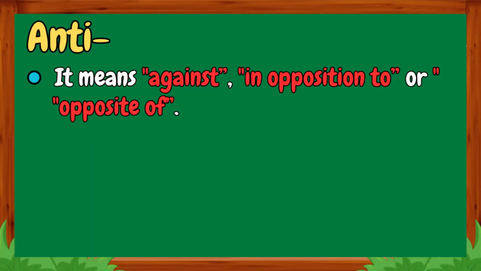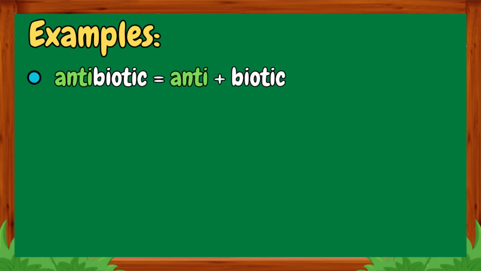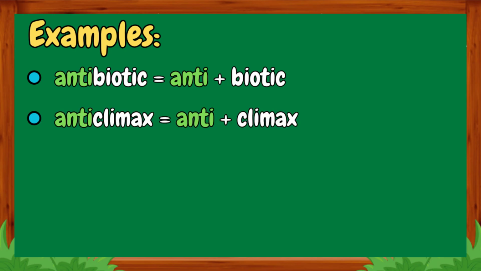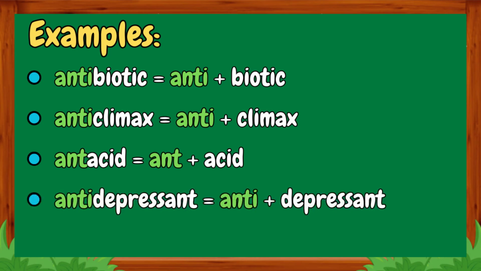And we've reached our final prefix instead of saying not, and that is "anti", and it means against, in opposition to, or opposite of, and we can also use the variant "ant". And let's finish up with some examples: antibiotic, anticlimax, antacid, antidepressant.